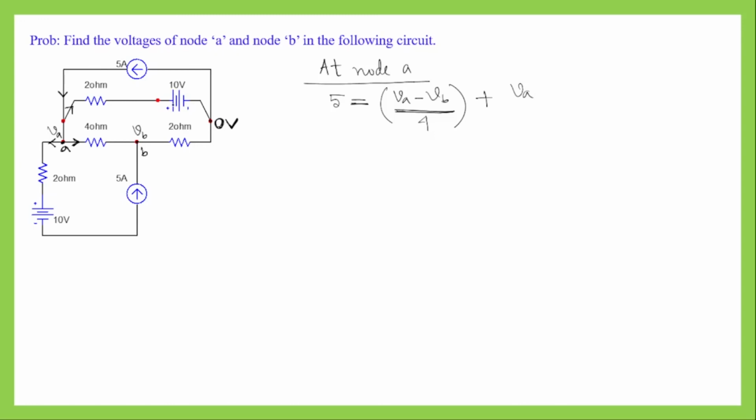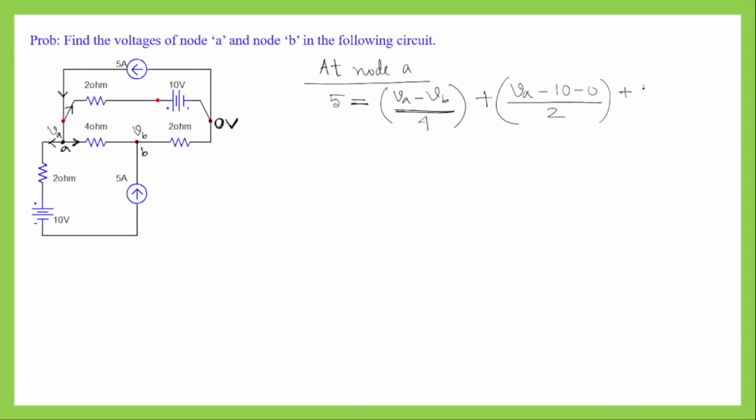The positive terminal is connected to this point, so it will be taken as positive voltage. So since we are finding out the potential difference, it will be VA minus 10, and then potential of this point is 0, so minus 0, divided by the resistance value, which is 2.